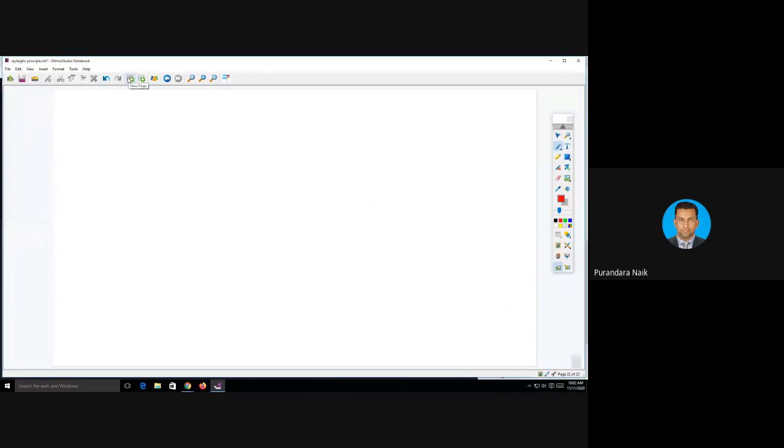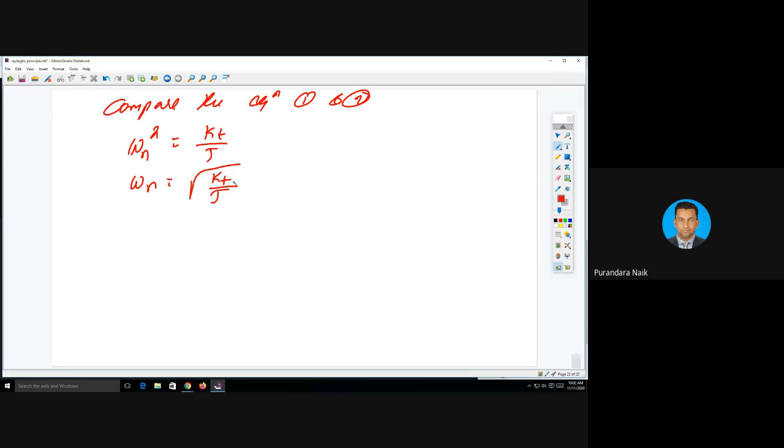Okay, so compare. Omega n square is equal to K_t by J. Therefore, omega n is equal to square root of K_t by J. Correct?